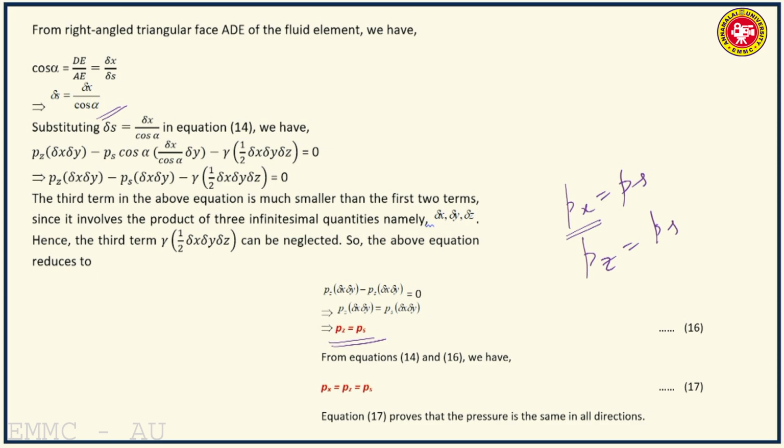Similarly, the pressure intensity in Z direction is equal to the pressure intensity in S direction, that is normal to the inclined face of the fluid element. So, we have PX is equal to PZ equal to PS. So, this equation proves that the pressure intensity exerted on the fluid element is the same in all directions. So, hence the Pascal's law is proved.